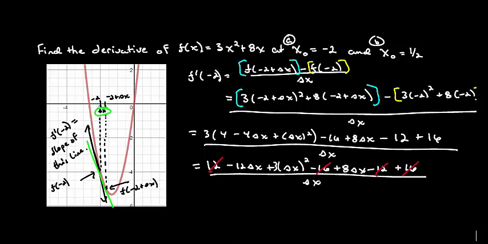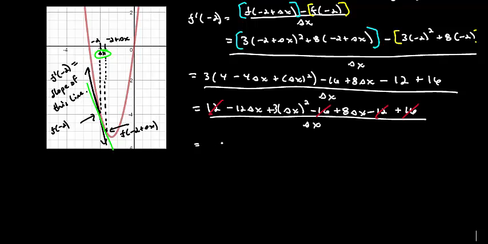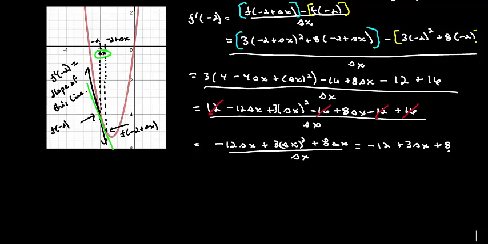And so what we're left with here is negative 12 delta x plus 3 delta x squared plus 8 delta x over delta x. And if we divide everything by delta x, we end up with negative 12 plus 3 delta x plus 8.